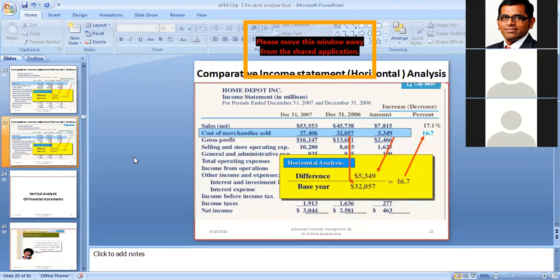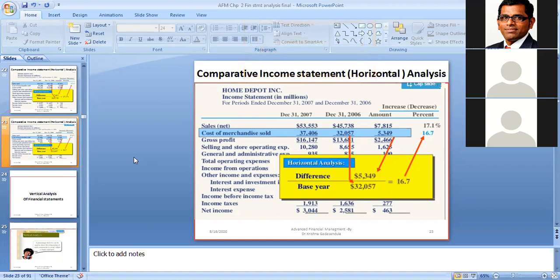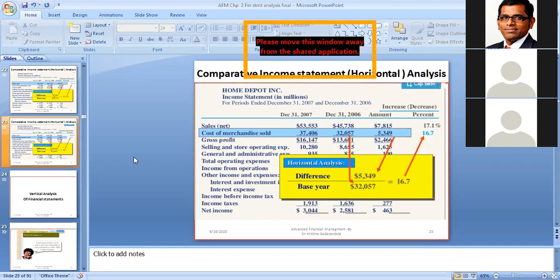You can conclude by taking a competitive company in the same business. Then you can take their gross profit or cost of merchandise percentage and your company's cost of merchandise, and then you can compare effectively.